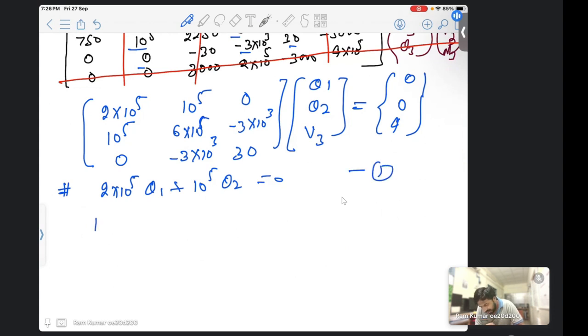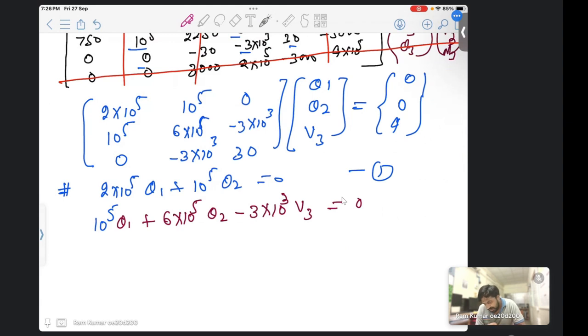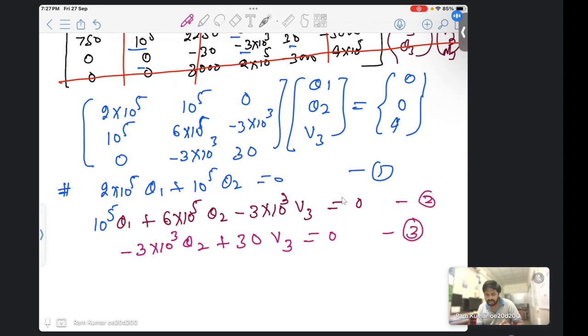Then similarly 10 power 5 theta 1 plus 6 10 power 5 theta 2 minus 3 10 power 3 B3 equal to 0, equation 2. Then the third equation will be minus 3 10 power 3 theta 2 plus 30 B3 equal to 0, equation 3.